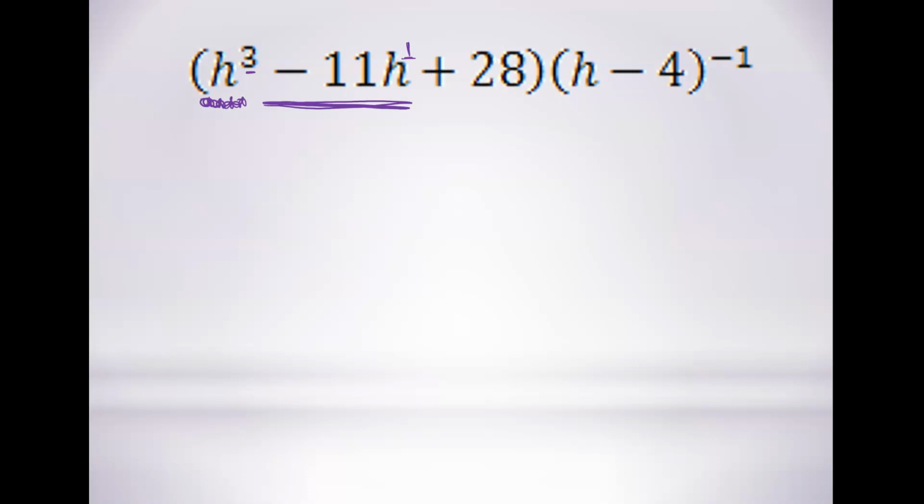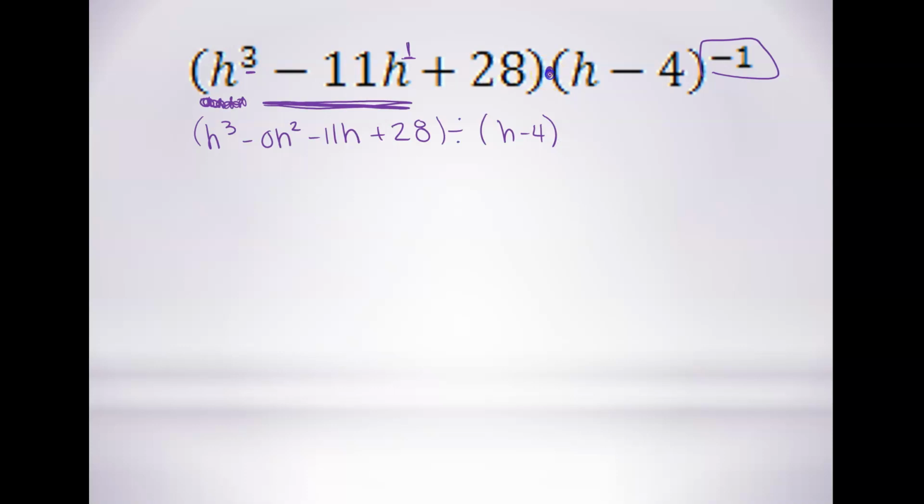So we're going to do something called placing a placeholder. And when we do that, it just means we're going to put in a 0h squared. So we could rewrite this problem as h cubed minus 0h squared minus 11h plus 28. And this negative 1, if you recall from our past examples, means the same thing as dropping it to the denominator.